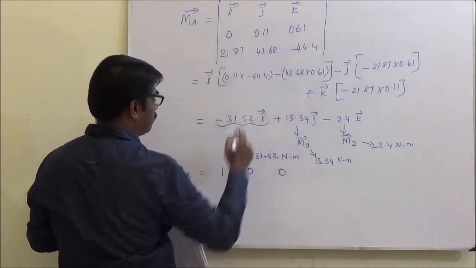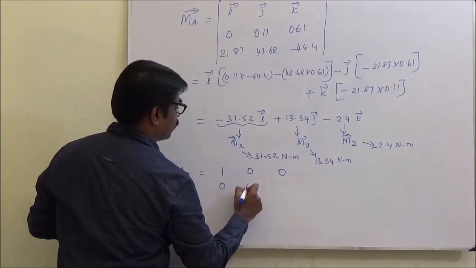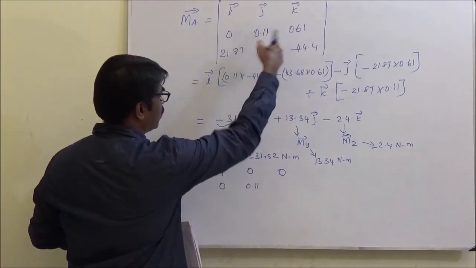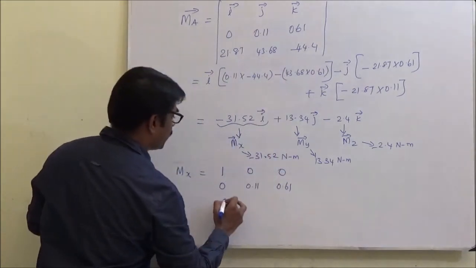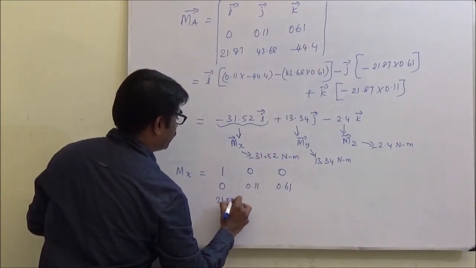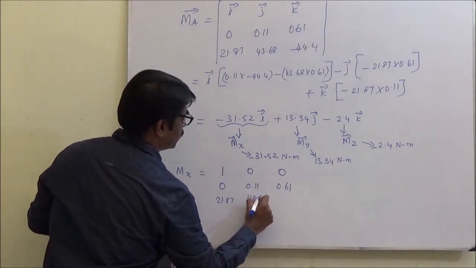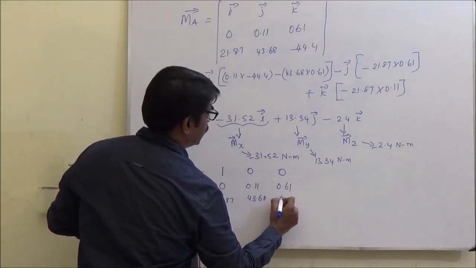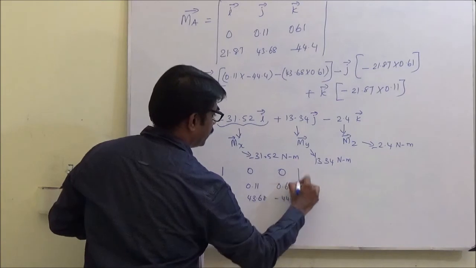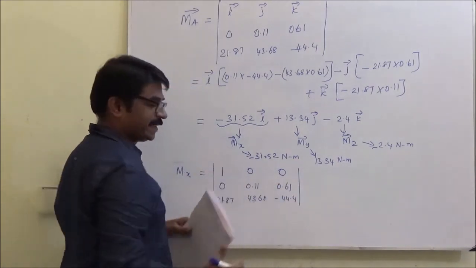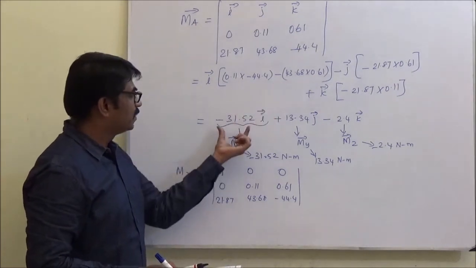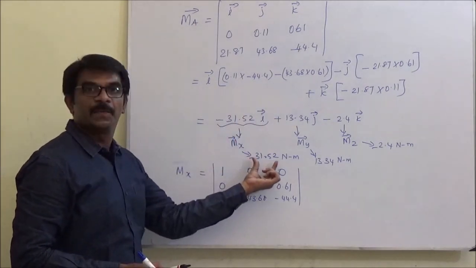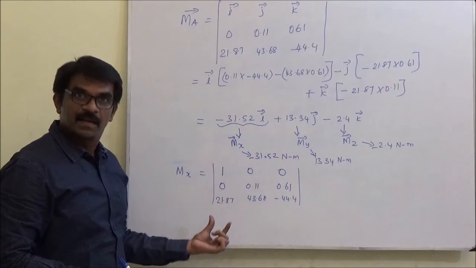They will have the same because this is the coordinate of the force and this is the force component. So 21.87, 43.68, minus 44.4 determinant. If you find this, you will exactly get this value. So directly the scalar you can obtain.